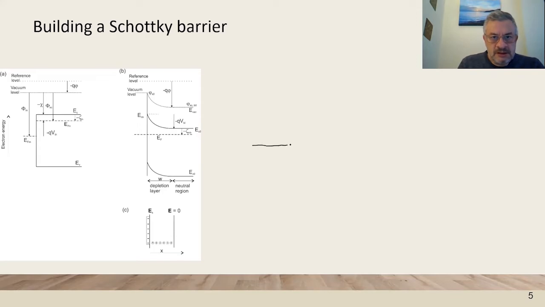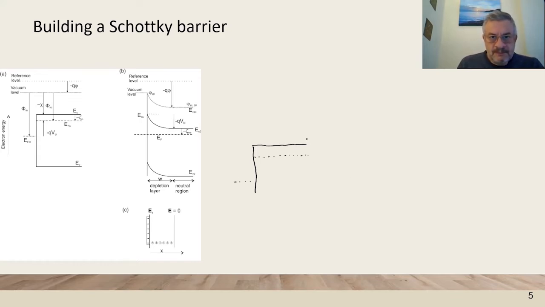We start with an N-type semiconductor, and it has no band bending. But now it has to come to equilibrium with a metal with a deeper work function.